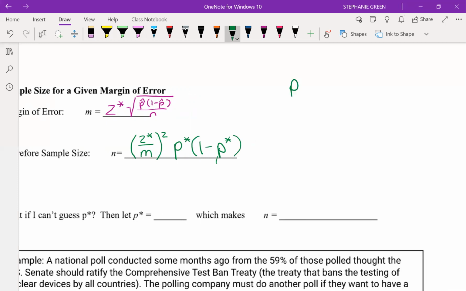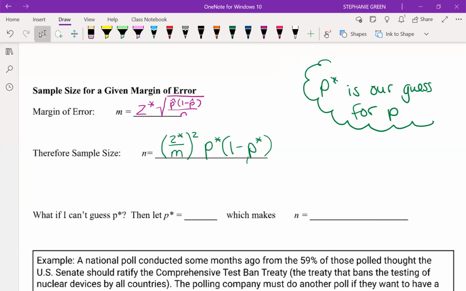So p star is our guess for the population proportion. Again, we have this p star in this case because when we are looking for a sample size to take, that means we haven't taken a sample yet, which means we can't find the proportion of that sample, so we don't have a p hat.